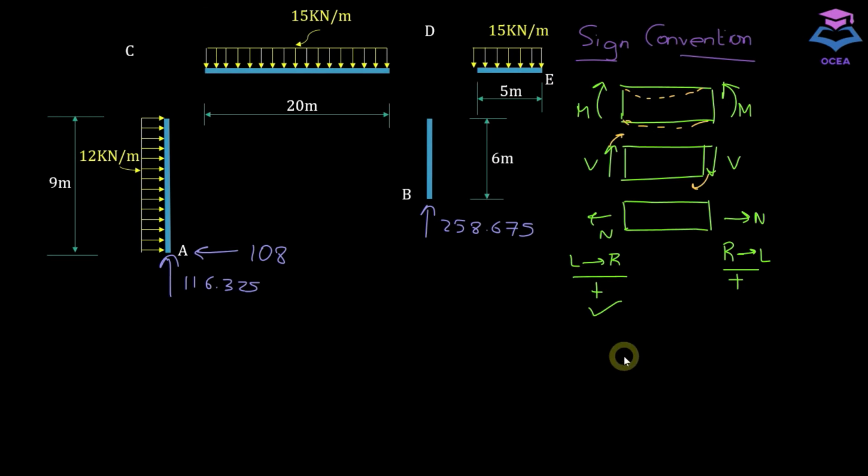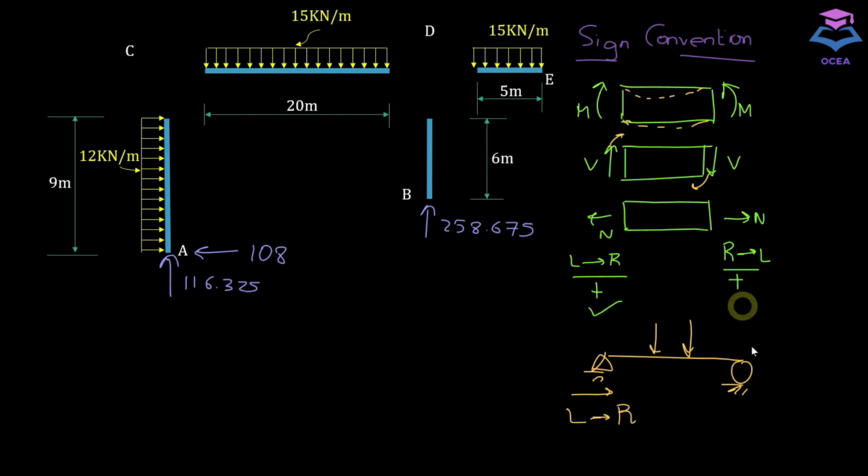So if we solve something, let's say we want to determine the shear force and bending moment diagram in this beam, if we go from left to right, we are going to use these sign conventions. We are going to take these as positive: clockwise moment positive, upward shear force positive, and this leftward going normal force positive.